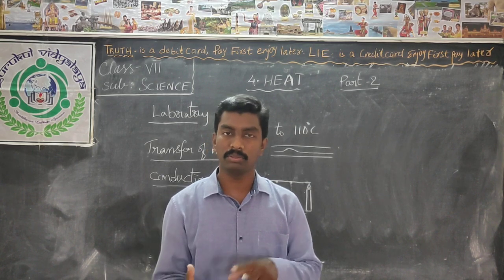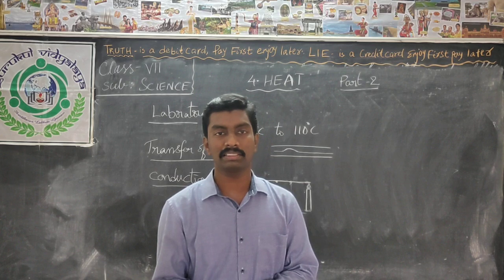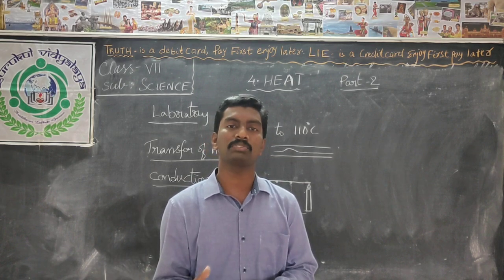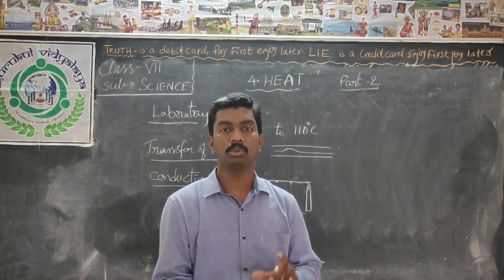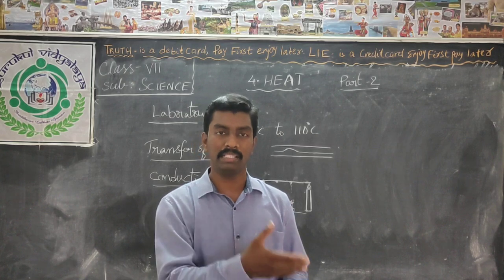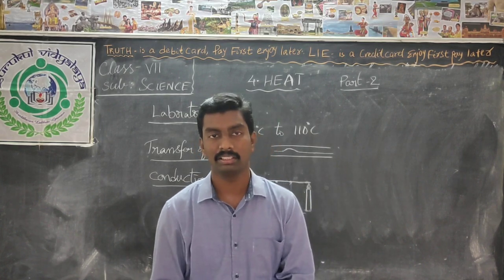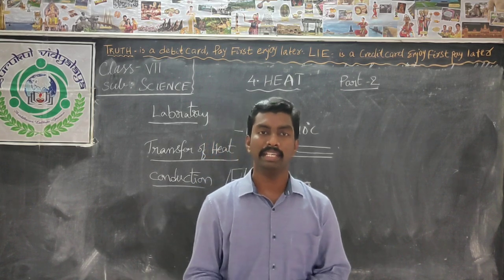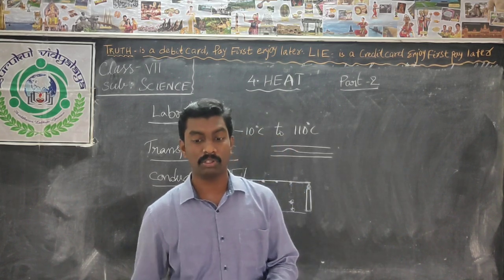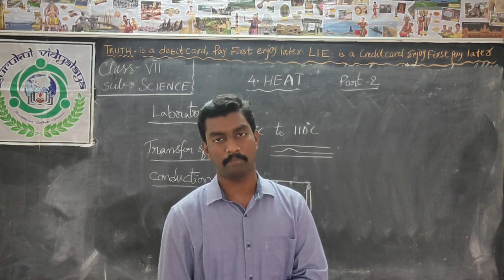Yes, the objects will be hot. Why? Because the heat is transferred from the hot water to the objects, to the pen or pencil or scale. By this we can understand that transfer of heat takes place.